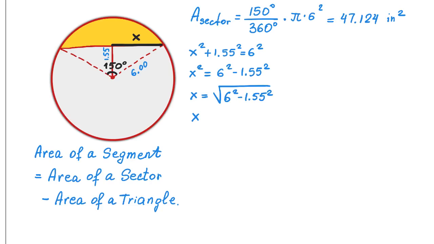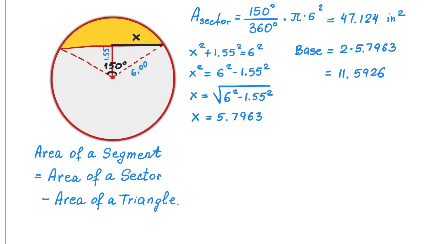Then x is approximately 5.7963. Now the base of the triangle is twice x, 2 times 5.7963. And this equals 11.5926.